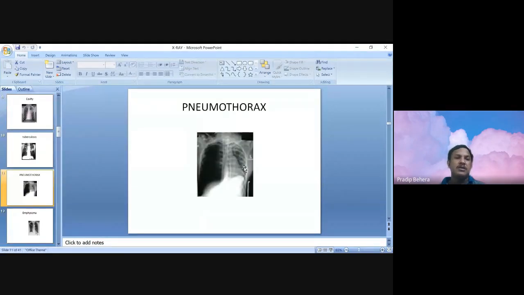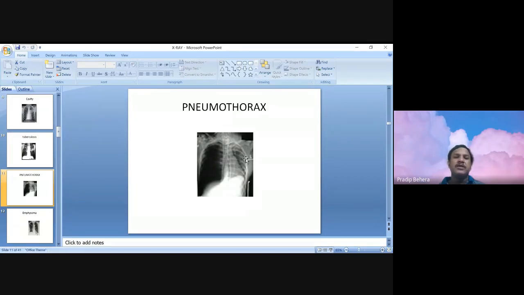Here, look at the X-ray. On the right side, the chest is fully expanded and it is totally black. When air comes into the pleural space, the underlying vascularity cannot be seen. Compared to the left side, the midline and cardiac shadow are pushed to the left side.